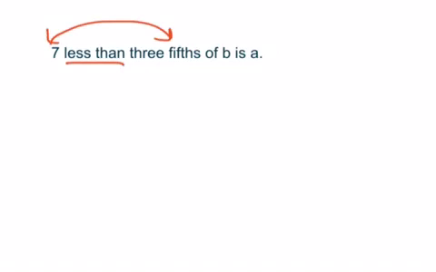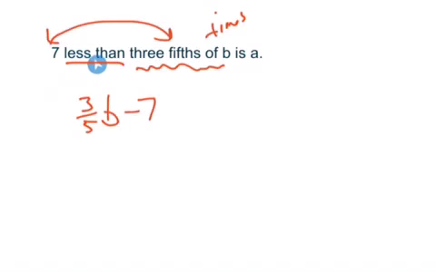So we have 3/5 of b, of means times, so we have 3/5 times b, or 3/5 b, minus 7, since less than means subtract, but switching the order. So 3/5 b minus 7 equals a. So that's our answer.